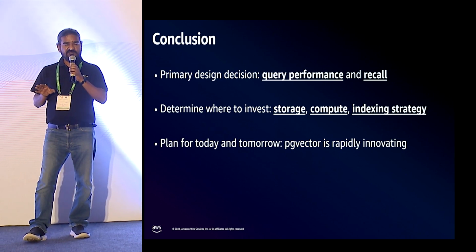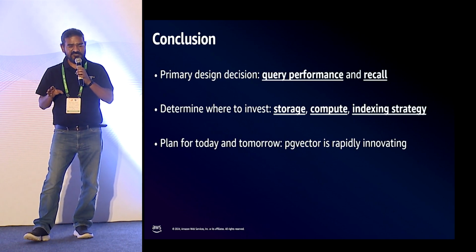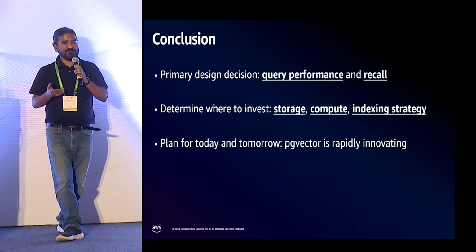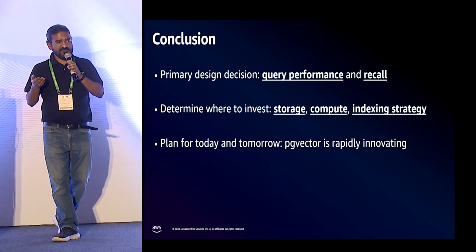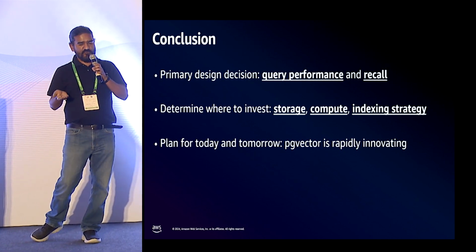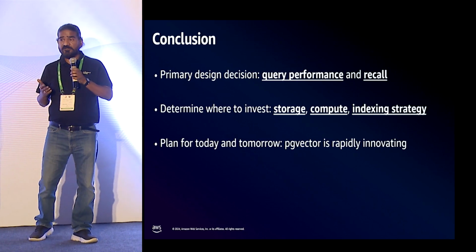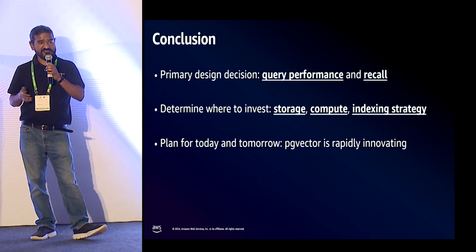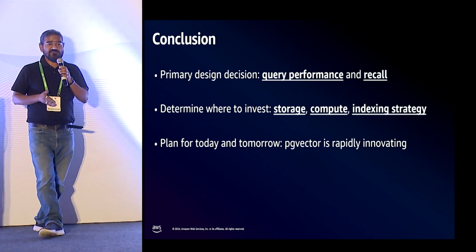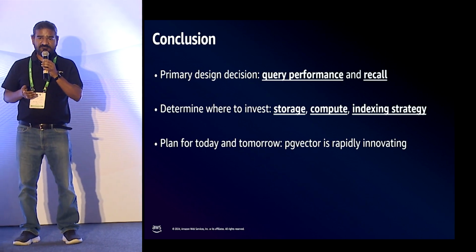Some experimentation would definitely be required, depending on the application you are designing the system for. The other thing we need to think about is compute and storage, because we need to store the embeddings in an efficient manner, and efficiently we should be able to query them. PGVector is changing a lot. This whole GenAI area is changing a lot. It's innovating. There are a lot of things happening. We really need to plan now so that we can adapt to new changes tomorrow.